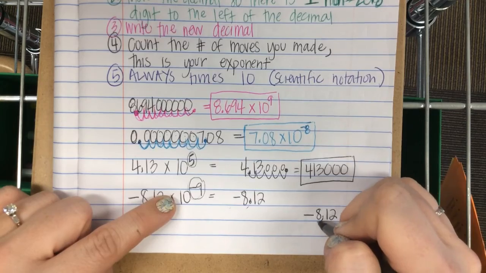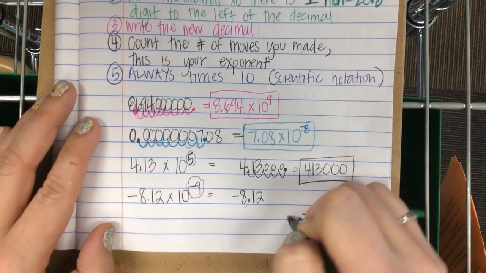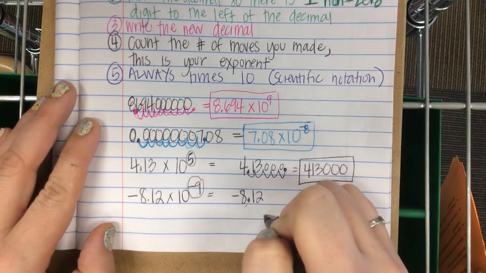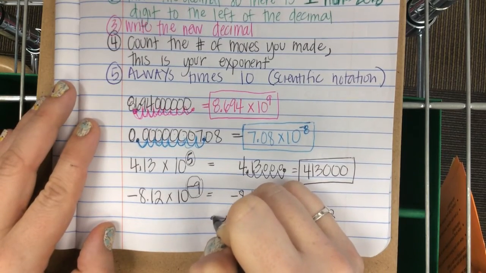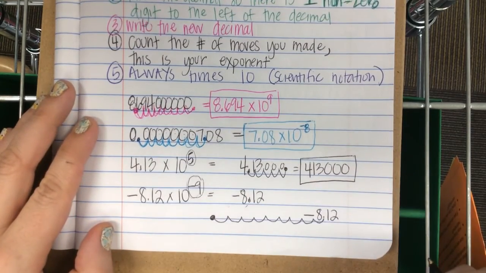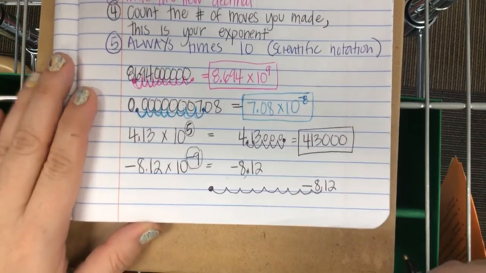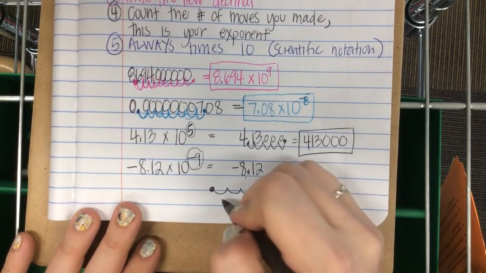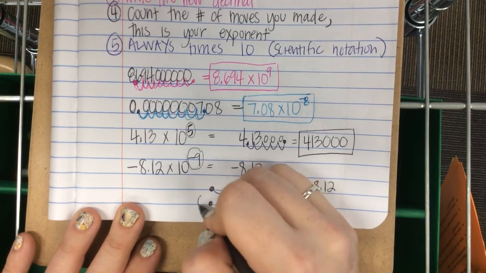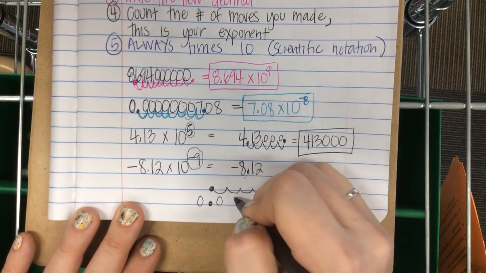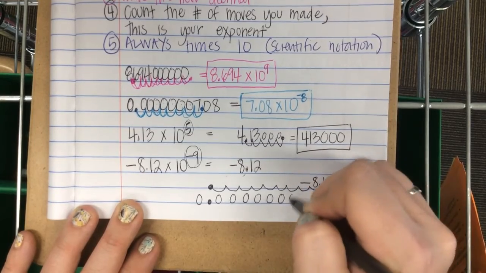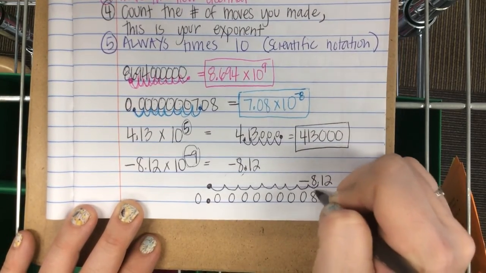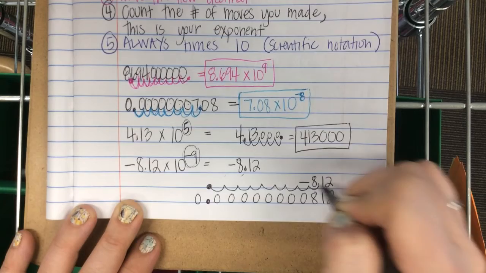So then you can move it 1, 2, 3, 4, 5, 6, 7, 8, 9. And then I'm going to rewrite it. 0.0000000812.